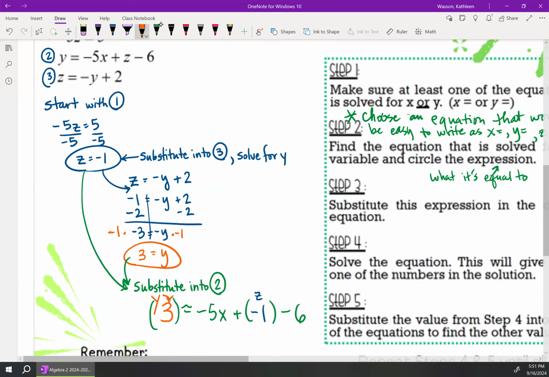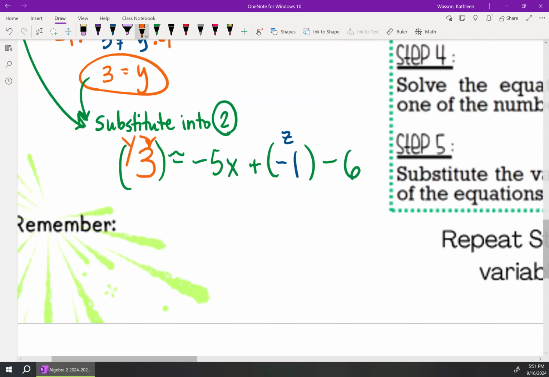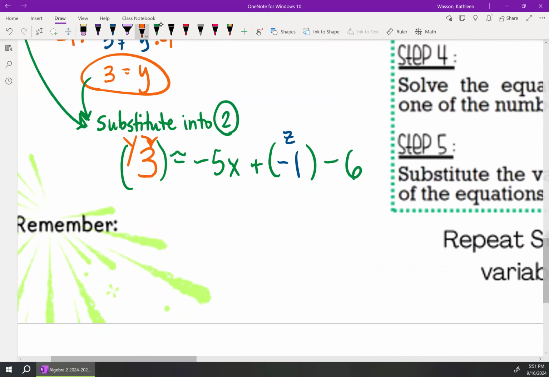And now I have an equation that only has x. So now I can find the x value. I'll combine these. Negative 1 minus 6 is negative 7. 3 equals negative 5x minus 7.